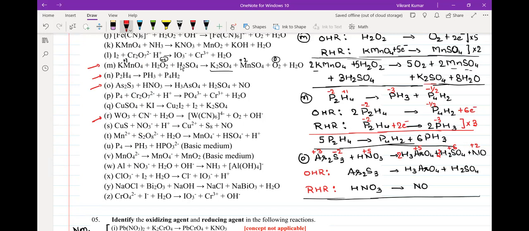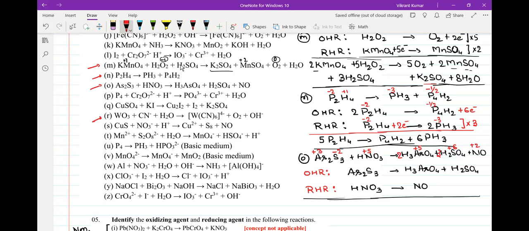So 4 is the change from the arsenic point of view. From the sulfur point of view, we have 3 sulfur. Every sulfur is going from -2 to +6. What is the change per sulfur? -2 to +6, 8. 8 is the change per sulfur. We have 3 sulfur, so the total change is 24.